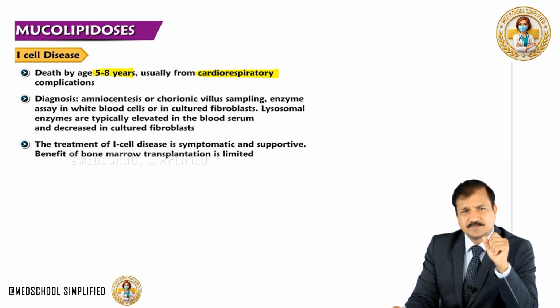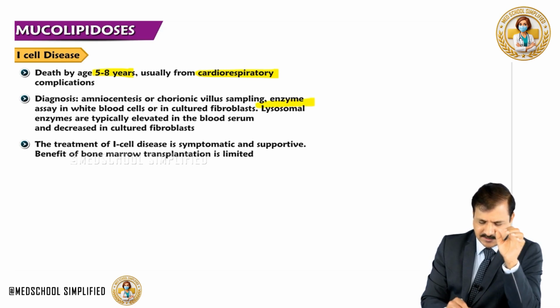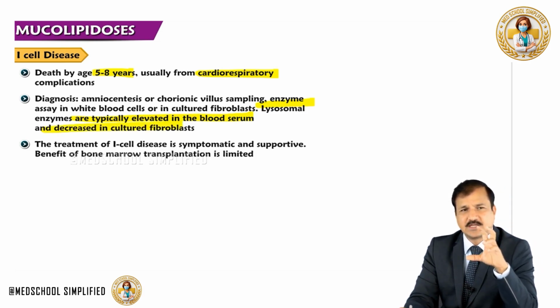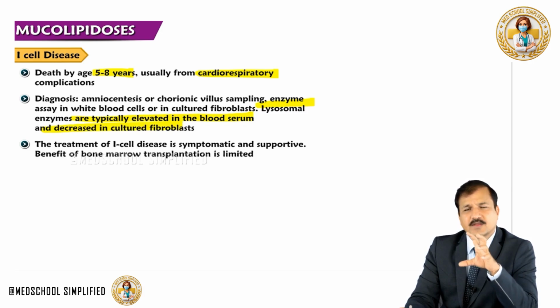Coming to diagnosis, amniocentesis or chorionic villus sampling can be done, and lysosomal enzyme assays can be done in white blood cells or cultured fibroblasts. And typically, lysosomal enzymes are elevated in the blood and serum and decreased in the cultured fibroblasts. That's the finding which will differentiate I-cell disease from Hurler syndrome, because in Hurler syndrome only a specific enzyme is deficient, that is α-L-iduronidase.